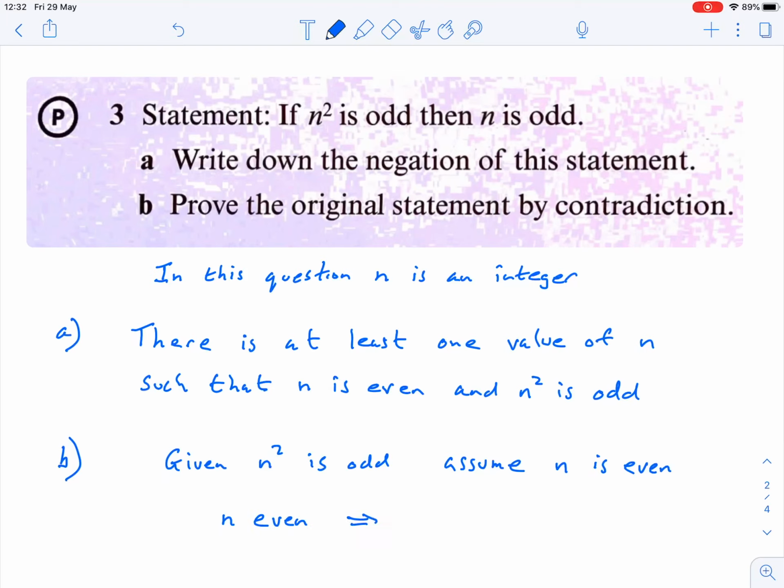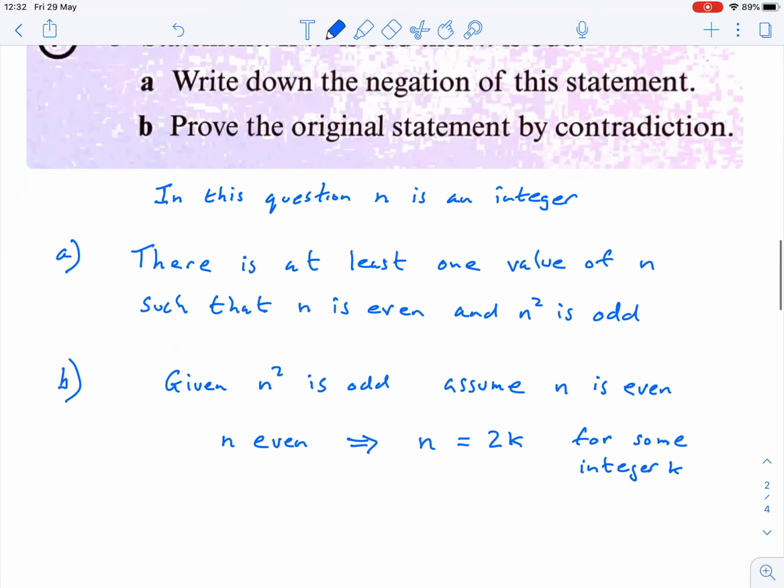So if n is even, that would imply that I could write n equals 2k for some integer k. But what would that mean? That would mean that n squared is equal to 2k squared. But 2k squared, 2k times 2k, is 4k squared.